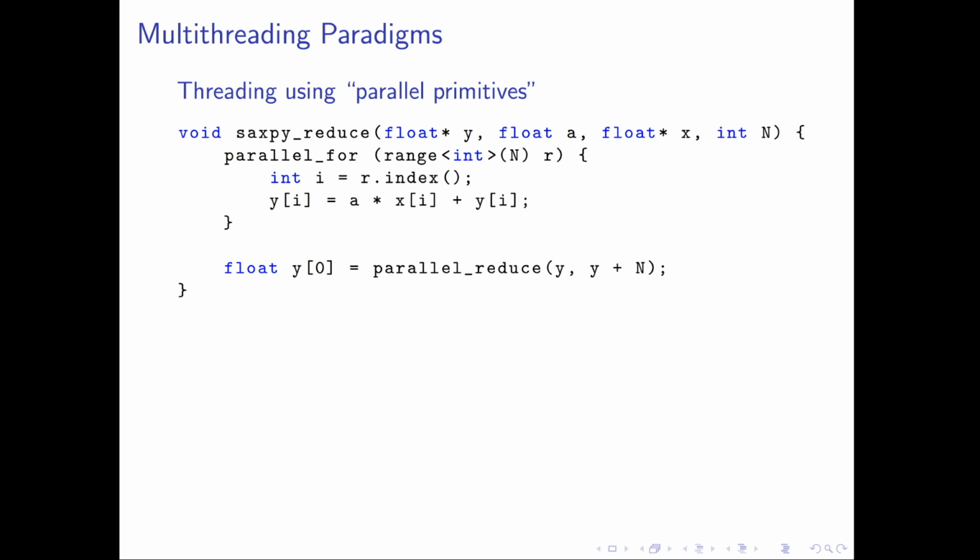So when I do that in parallel, I still have to do n additions. But the time that it takes can be greatly reduced by using algorithms such as parallel reduce. And just to demonstrate that there are other parallel primitives than only the parallel for construct, I'm reducing the Y array into its first element.